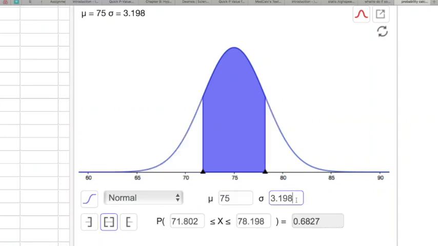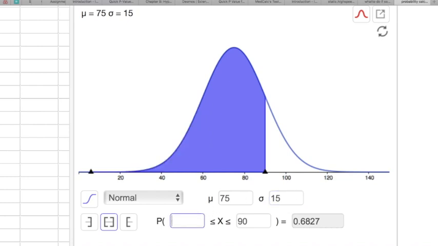My mean is still 75, but since I'm working with the standard deviation of the parent distribution, I'm going to be using these numbers right here, and I want to find the probability that it's between 50 and 80. Press enter, and your probability is 0.5393, just like that.